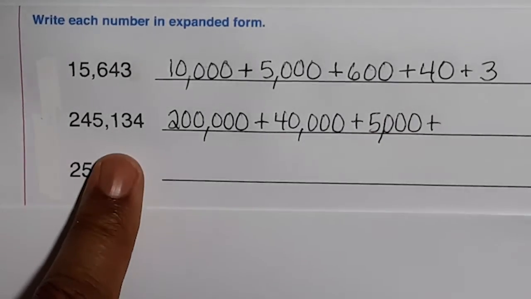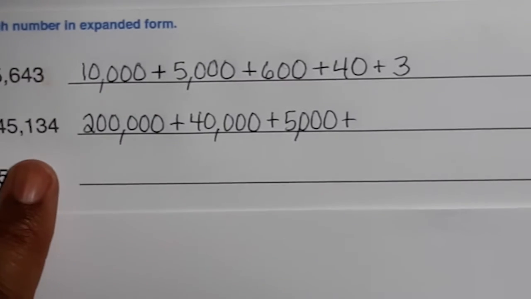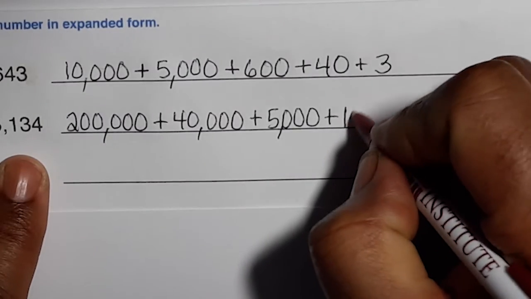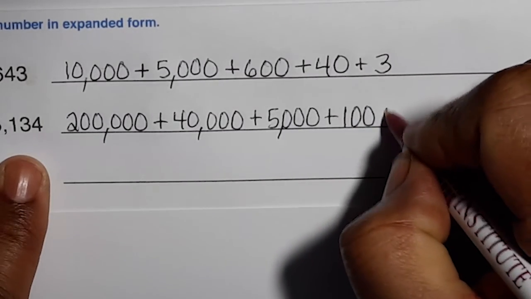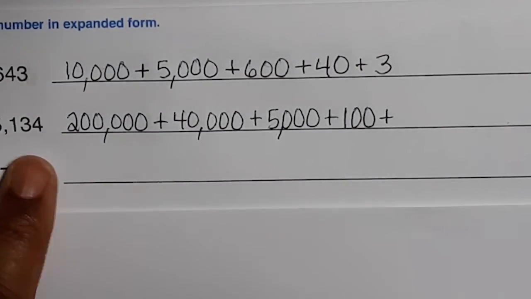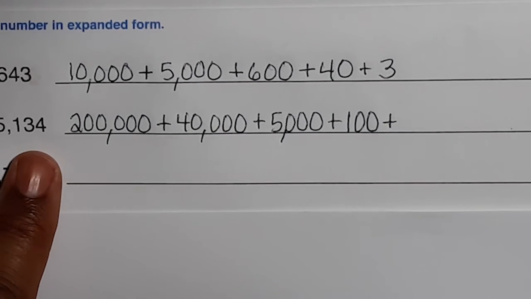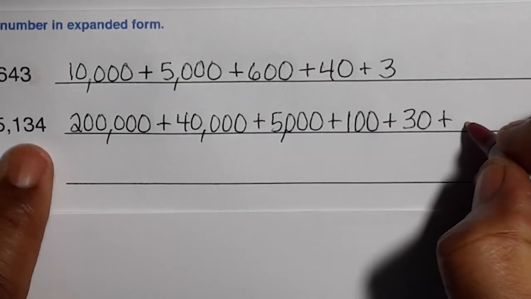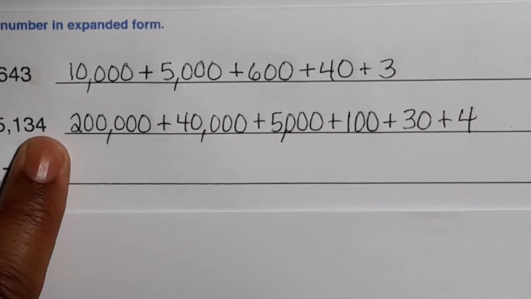plus the 1 is in the hundreds place. So we would write 100 plus. The 3 is in the tens position. So we would write 30 plus 4, which is in the ones position.